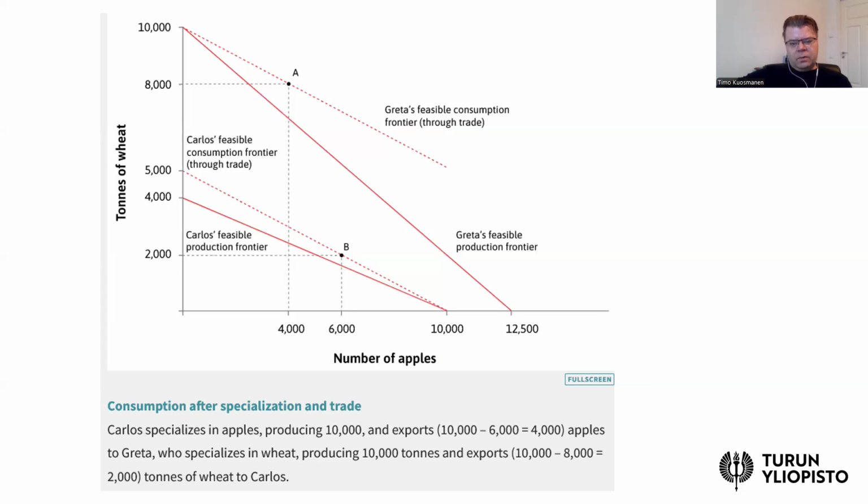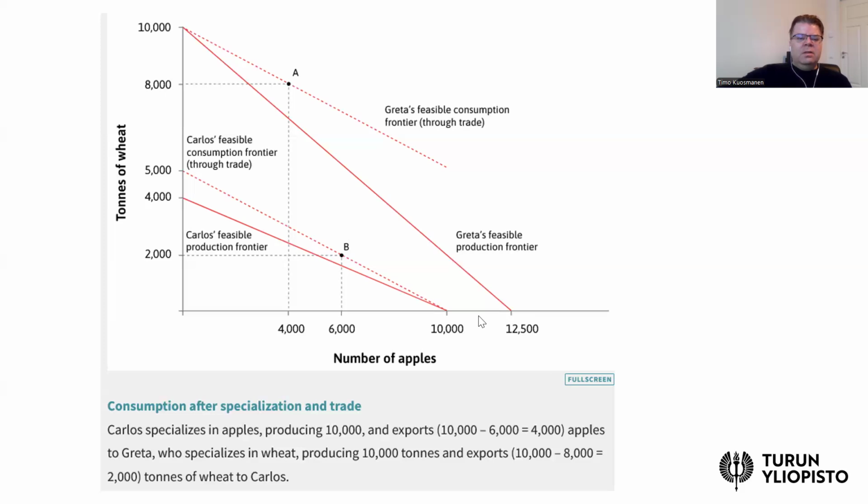So first of all, if these two individuals can start trading apples and wheat, then who should produce what? Notice that in this slide we have the production possibility frontiers of both individuals indicated in the same diagram.